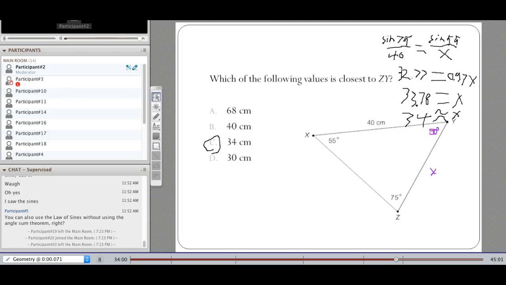I'm just trying to emphasize that this is not a right triangle, so you can't use that. But you're right, Mwada, you don't have to actually figure this out if you already realized that. Yep, so C is looking good.